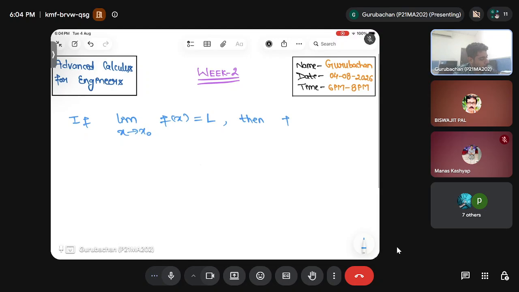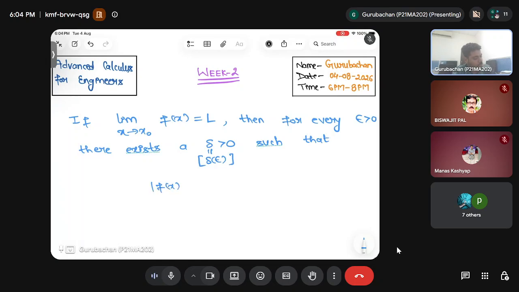Then for every epsilon greater than 0, there exists a delta greater than 0, and please remember this delta depends on epsilon, such that |f(x) minus L| is less than epsilon whenever 0 is less than |x minus x naught| less than delta.